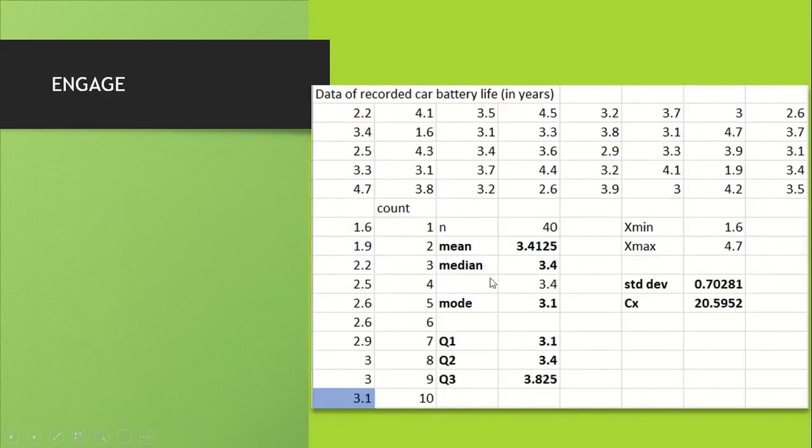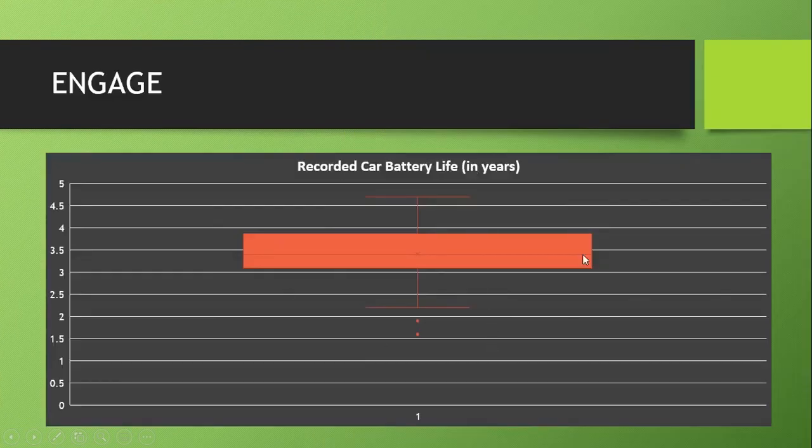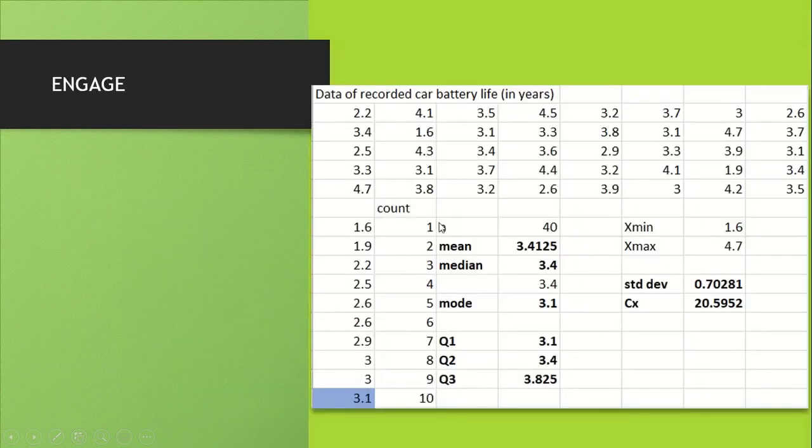Now, before I forget, this is the equivalent graph or box plot of our Engage activity. Take note, we have outliers. We have 2 outliers, and these are the mean, median, and mode. I used Excel to calculate this, but again, you have to show your solution manually.